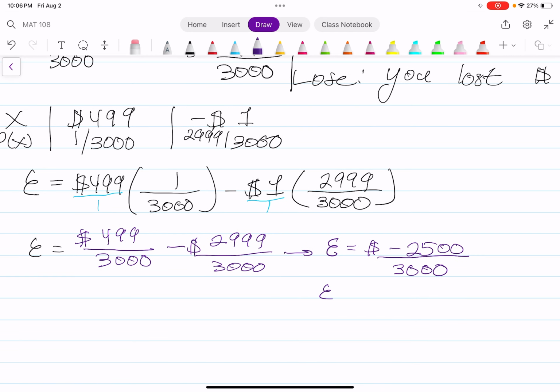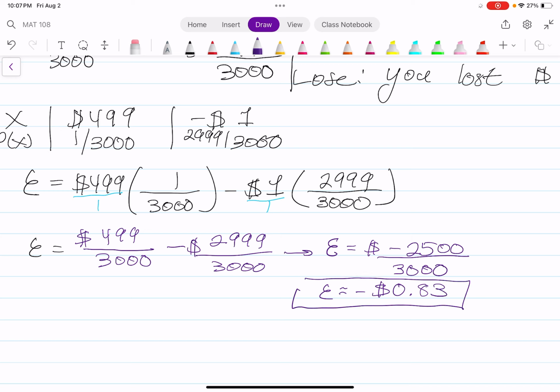And when we divide that, that's going to be approximately 83 cents. So it's minus 0.83.